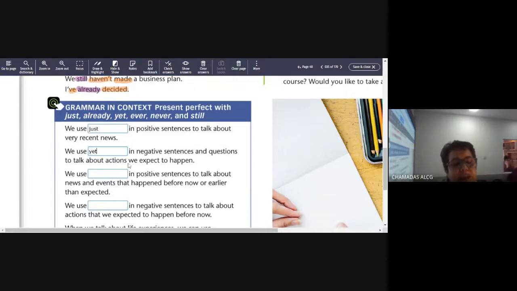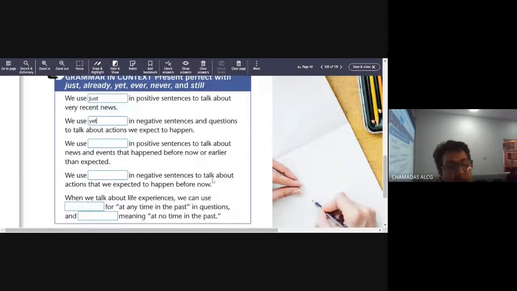Talk about actions that we expect to happen. Next one, we use in positive sentences to talk about news and events that happened before now or earlier than expected.